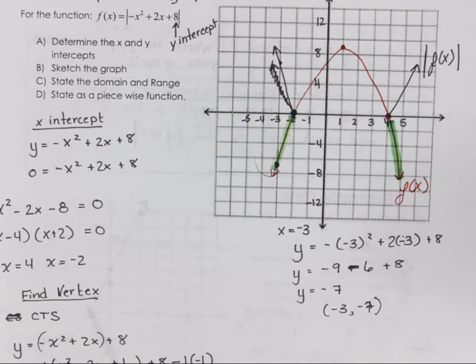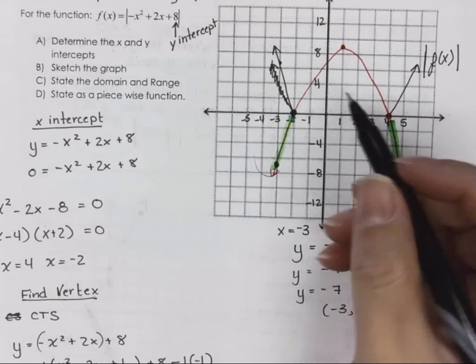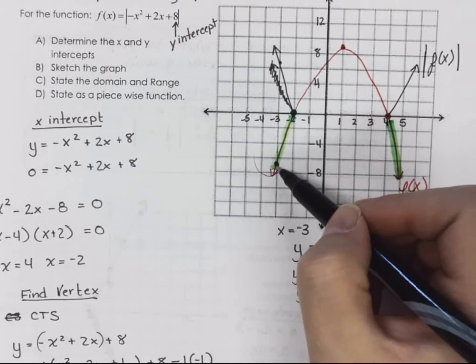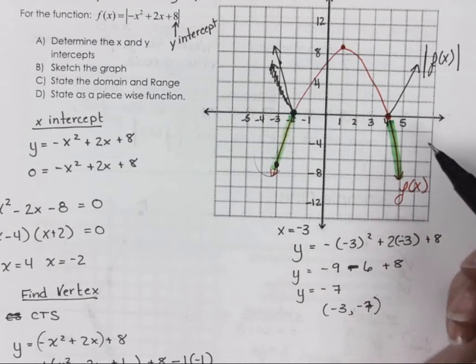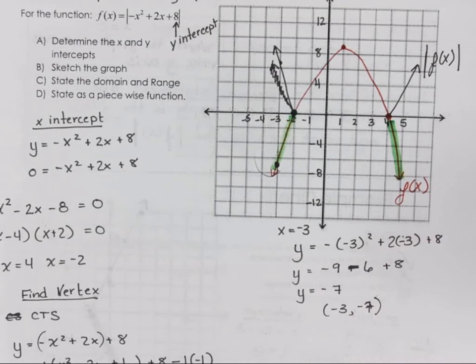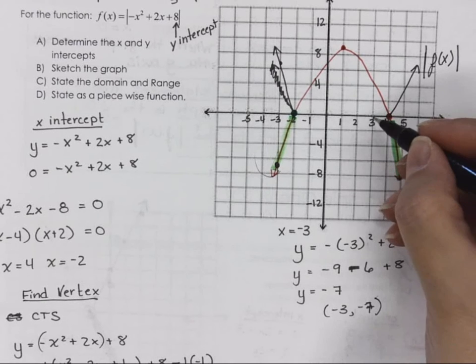What do we know about parabolas? They're symmetrical, right? A 3 and 7? Would that point be on our graph?